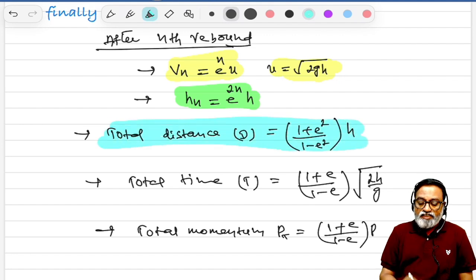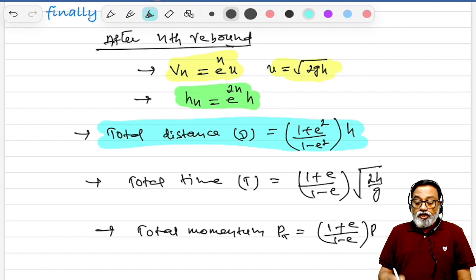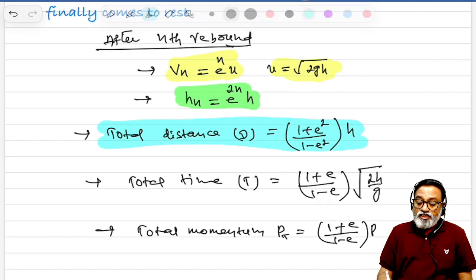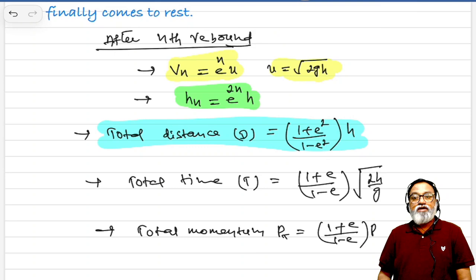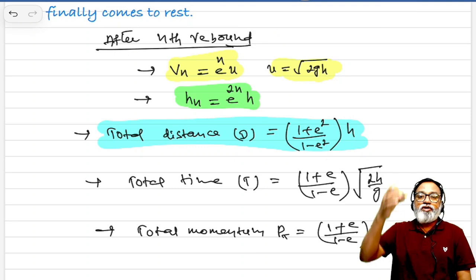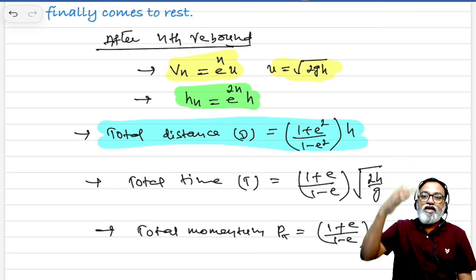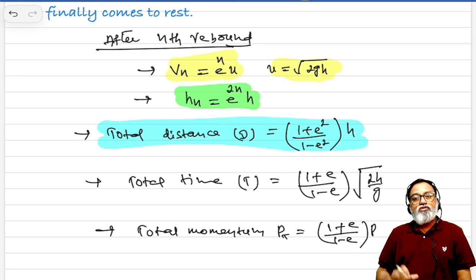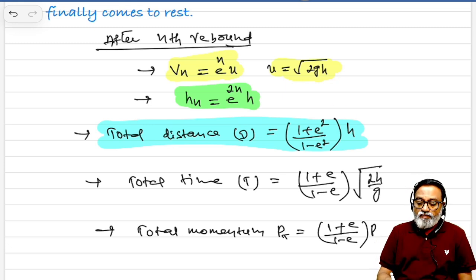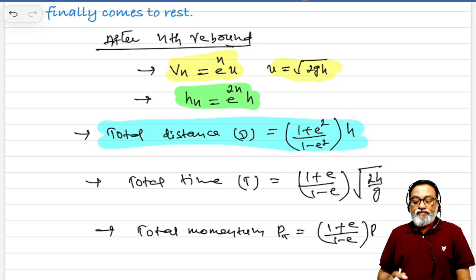Total displacement is h, but total distance is (1 plus e square) by (1 minus e square) into h.